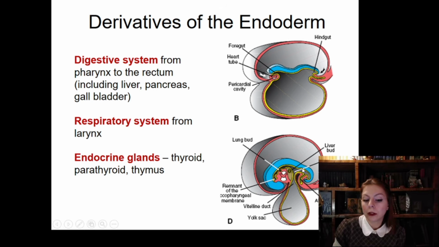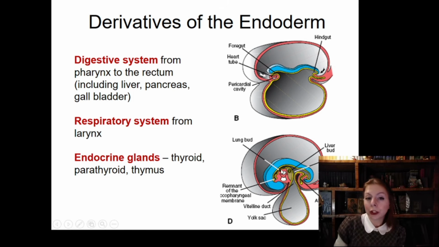So the digestive tube starts from the soft palate, from the pharynx, not from the oral cavity. Oral cavity organs almost all derive from the ectoderm, but starting from the soft palate, the digestive tube is made up of endoderm up to the cloacal membrane.